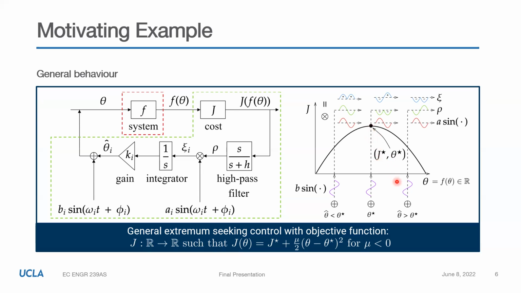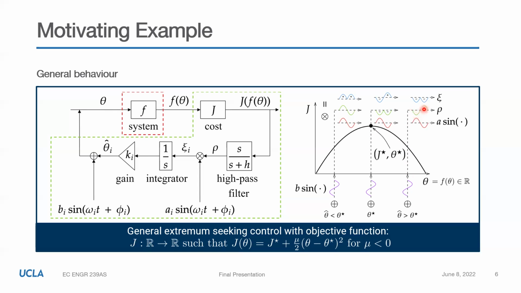And if we were to look at this system over here where we have our purple perturbing signal, if we were to evaluate this at J, an increase in theta gives a decrease in J. That's why we have a negative rho, and then a decrease will bring the value of J actually higher.